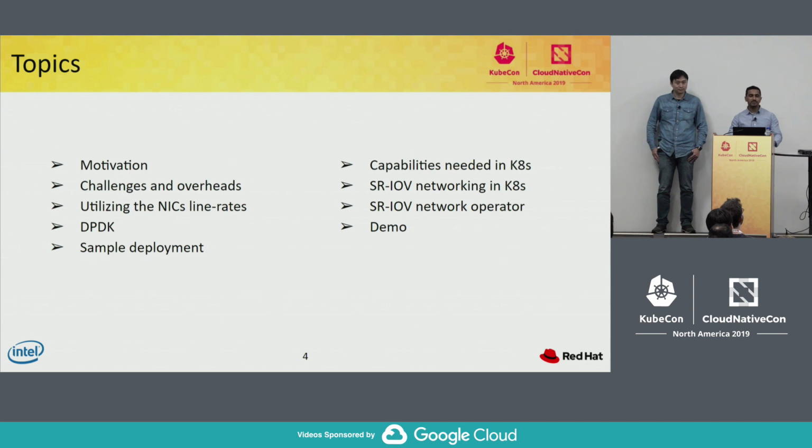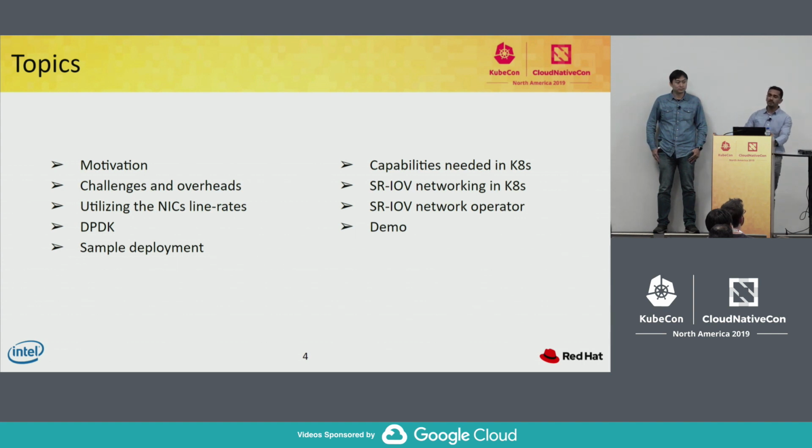The topics that we're going to cover: we'll first talk about why we care about running such applications in Kubernetes, the challenges and overheads involved, and how you utilize the NIC's full line rate. We'll briefly introduce DPDK if you are not familiar with it, and then talk about the sample deployment that we use for the demo.